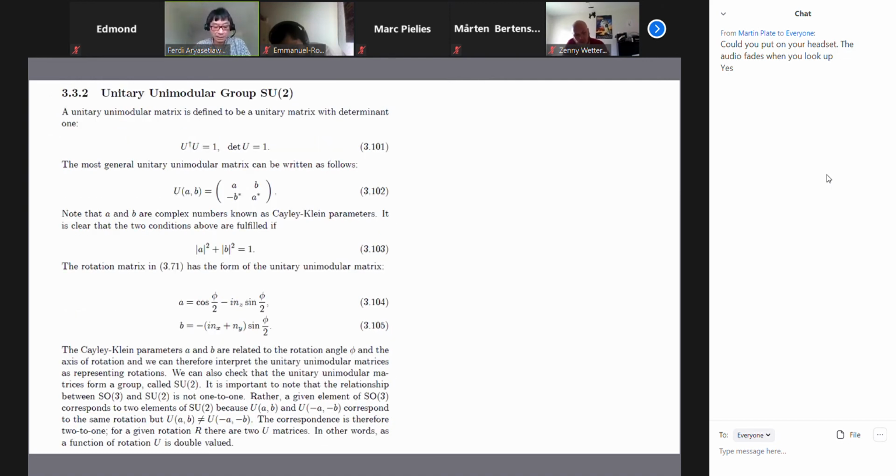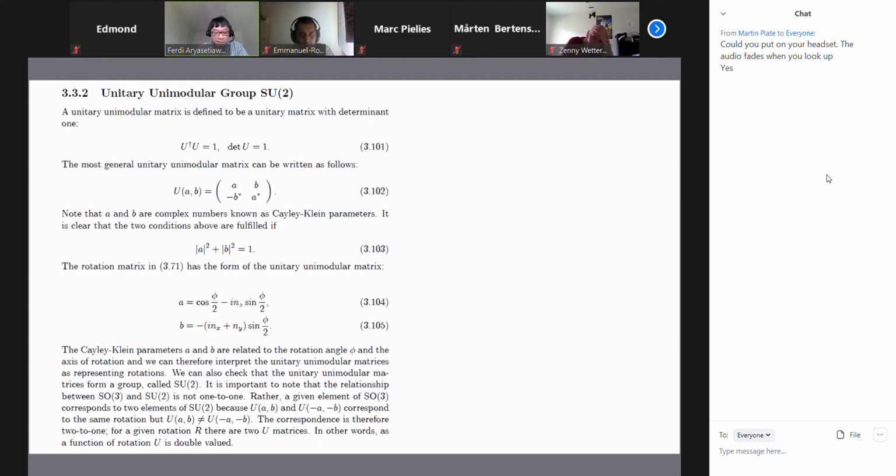Very much related to these 3x3 orthogonal matrices is a set of 2x2 matrices, in which the elements can be complex. These are called the unitary unimodular matrices. It's called SU2.